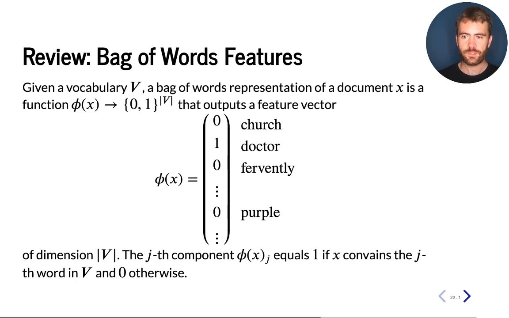One way of doing this is via the bag of words representation, which means that our feature vector is a long column, and its length corresponds to the number of words in the vocabulary. We have one component, one index for each possible word, and at this index we have either a 0 or a 1 depending on whether the word is present or not in the text X.